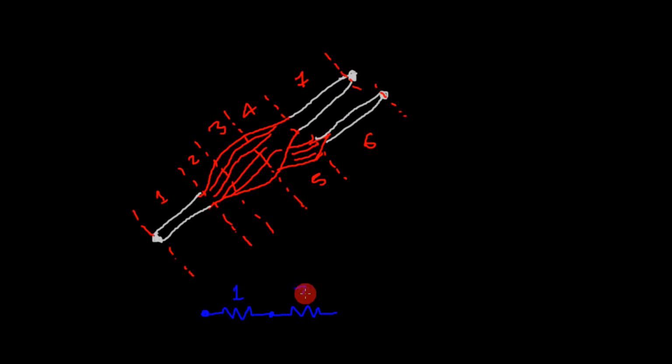Then 2, and so 1, 2, and 3 are in series, and then it branches into 4 and 5 from 3.